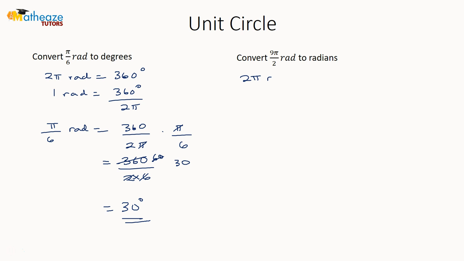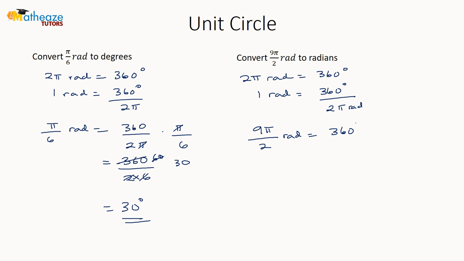We do the same again here. 2 pi radians is equal to 360 degrees. 1 radian is equal to 360 degrees divided by 2 pi radians. And then 9 pi over 2 radians is equal to 360 degrees over 2 pi multiplied by 9 pi over 2.